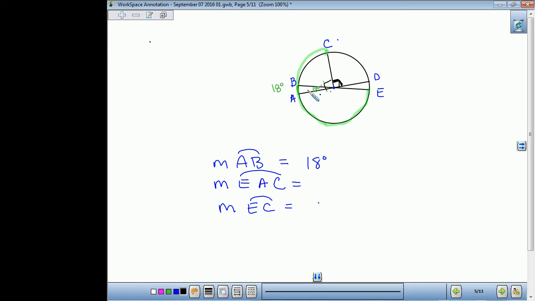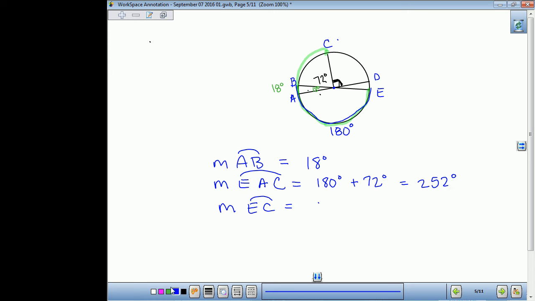So if this little angle is 18, wouldn't it leave 72 degrees right there? Okay, and we also know that this arc EAB is 180 degrees because it is a semicircle. So we would say 180 plus the 72 gives us 252. Now that's not the only way to work that problem, but that is one way.